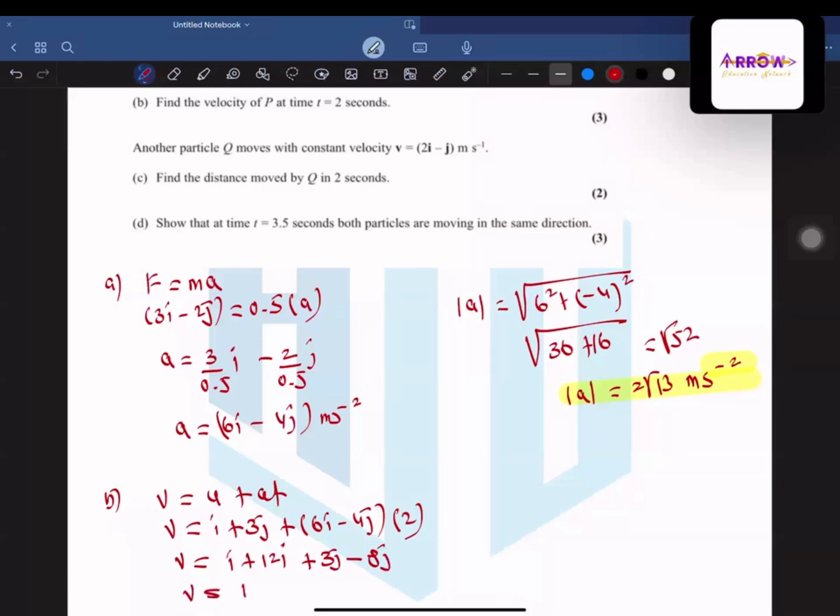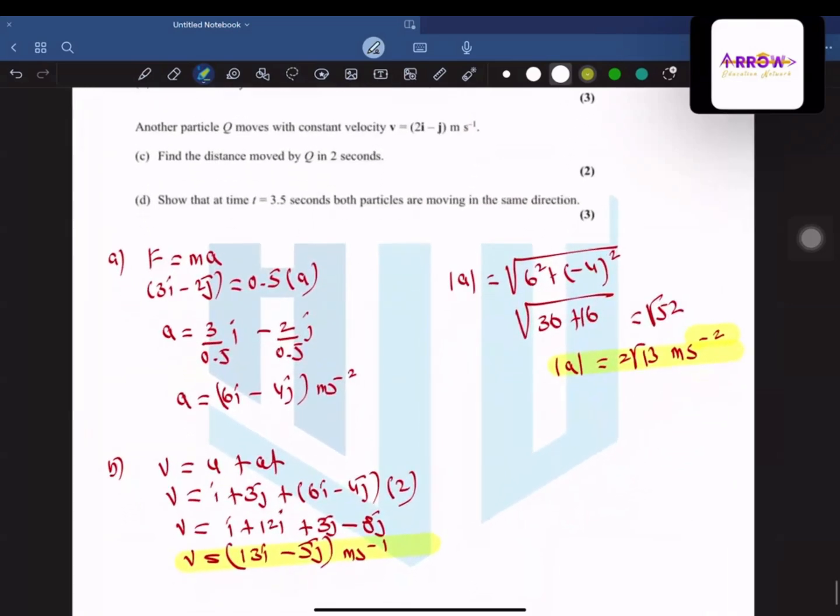So the velocity vector is 13i minus 5j meter per second. This is the final velocity vector when t is equal to 2 seconds. All right, so this was the requirement of part B.